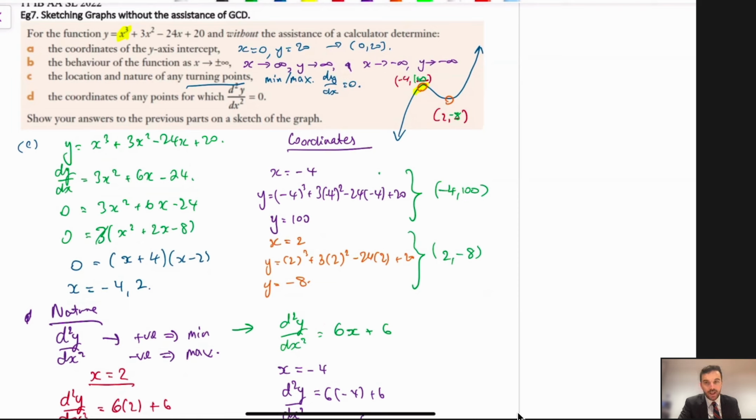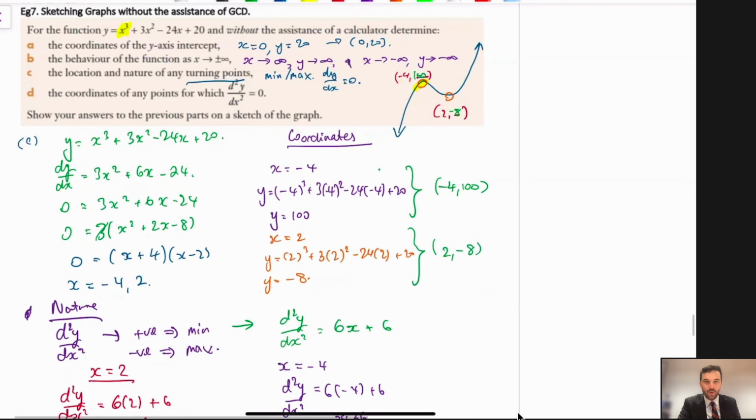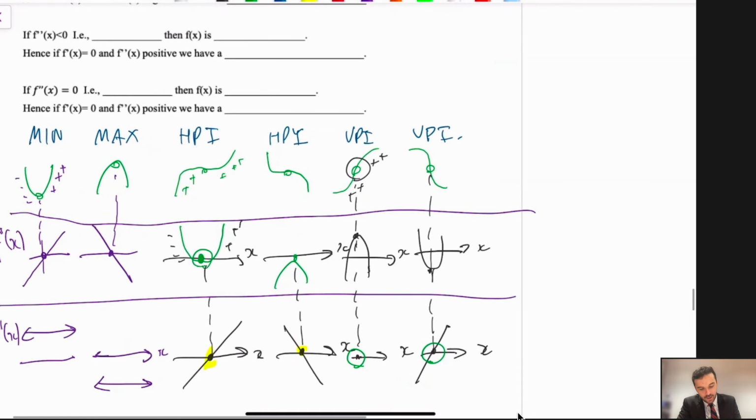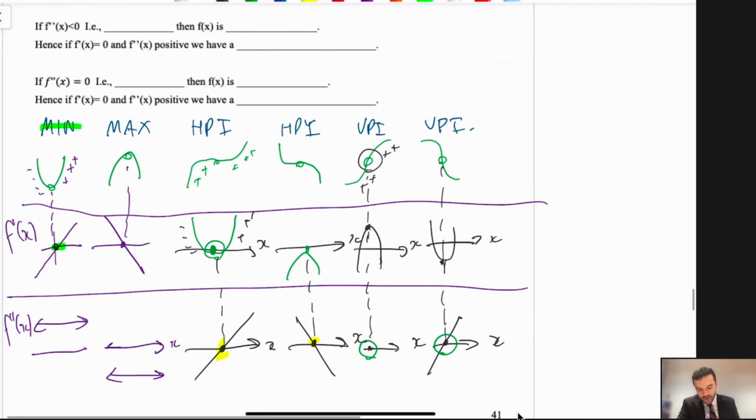Now, the next part says the coordinates of any points for which the double derivative is equal to 0, okay? Now, let's have a think about what those values can be. Do you remember before we went through some of these examples, you may note if it's a min, f dash x is 0, and then the double diff goes positive.